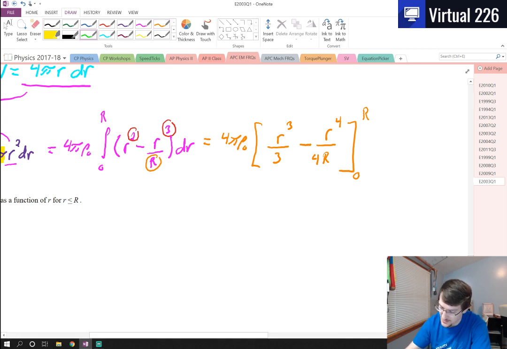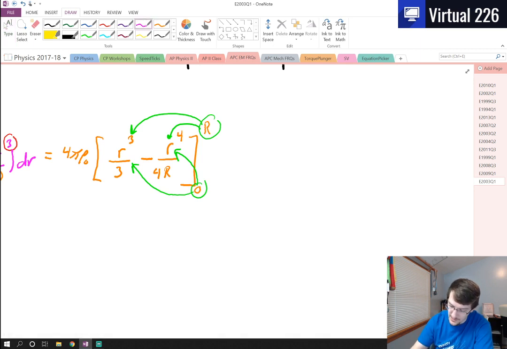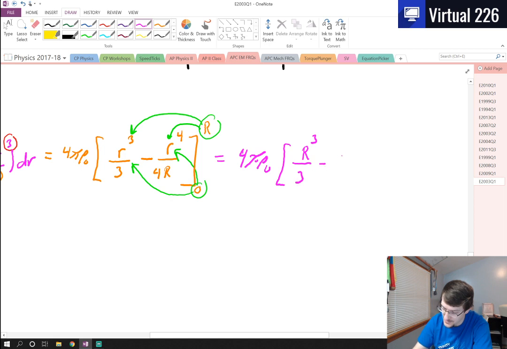And what this means is that we're going to have to put this big R and the 0 in for the little r values whenever we do this. This gives us 4 pi rho naught. Plugging in the big R values gives us big R cubed over 3 minus big R to the 4th over 4R.